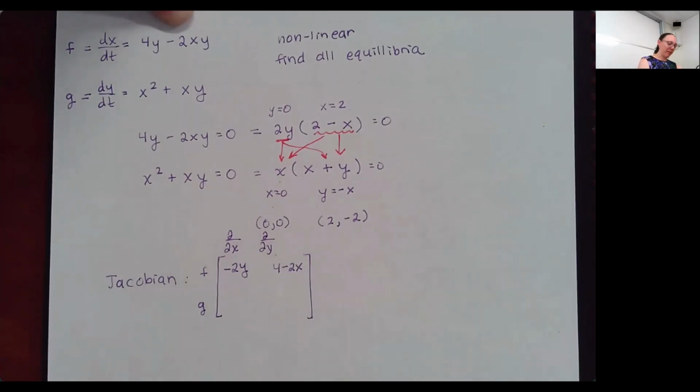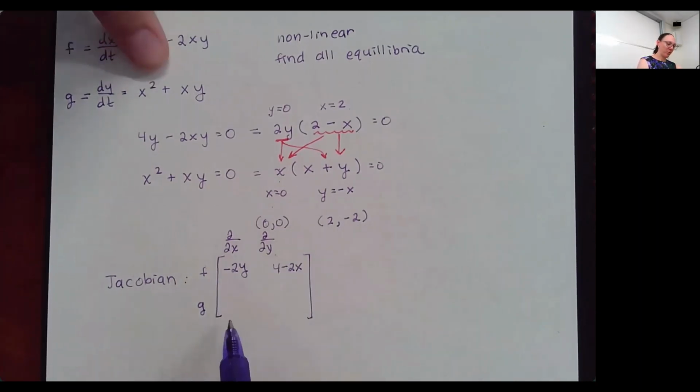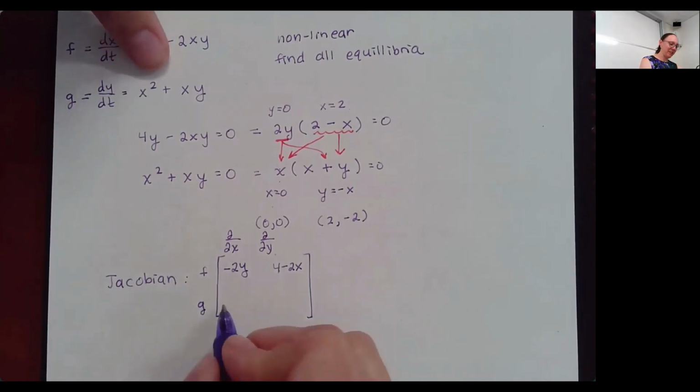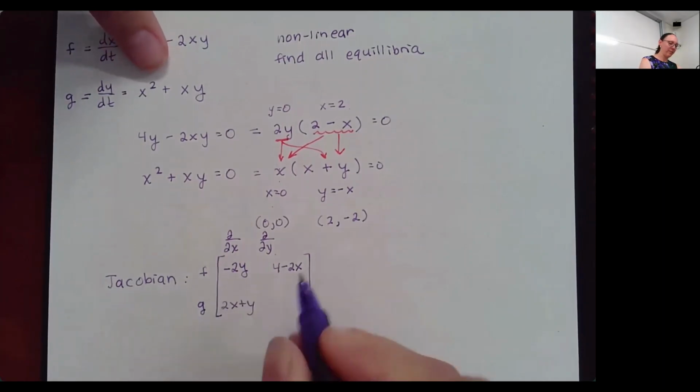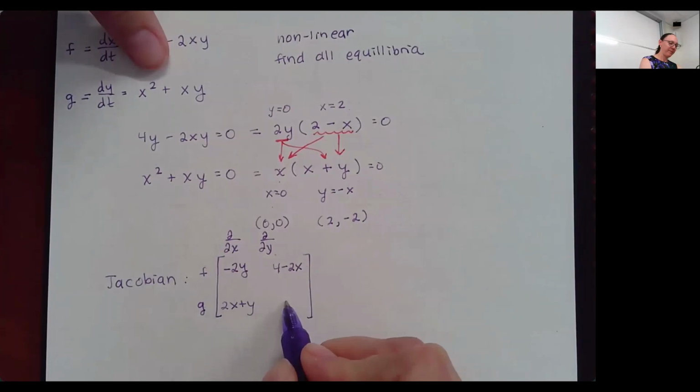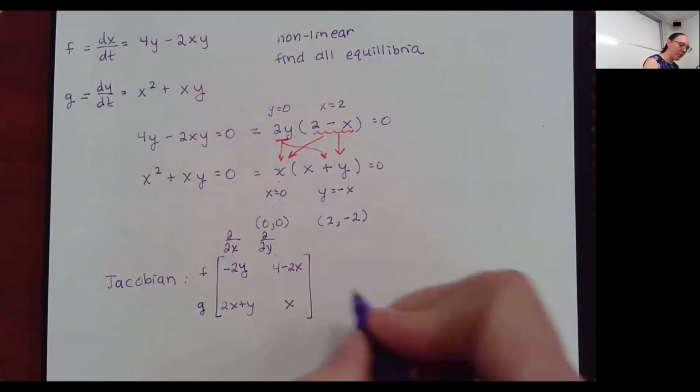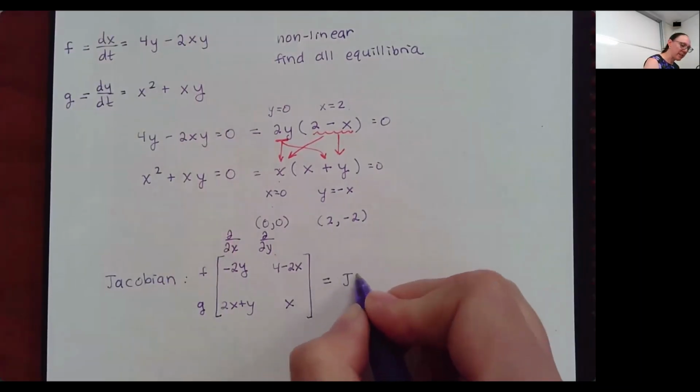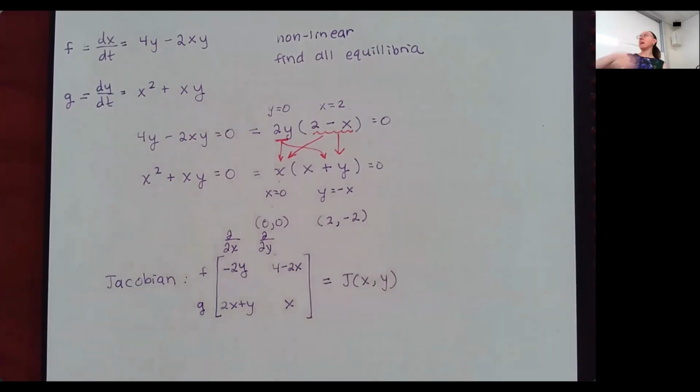If I do the same thing in my bottom row, partial with respect to x and partial with respect to y. So this Jacobi matrix is giving me, generically, what that linearization is going to look like near my equilibrium.